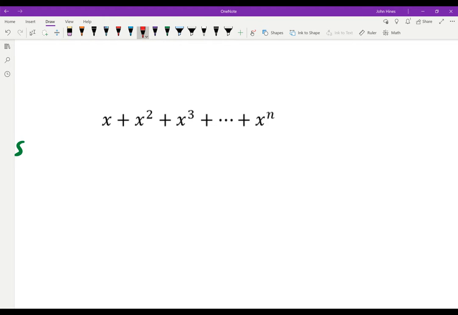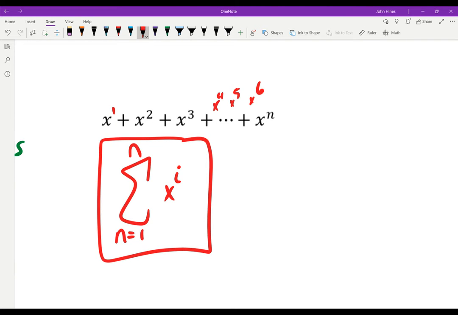Here we've got x squared, x to the 3rd, x to the 4th, x to the 5th, x to the 6th. So it looks like we're indexing that exponent there, right? We're starting with n to the 1, n to the 2, n to the 3, n to the 4, n to the 5, n to the 6, all the way up until n. Sorry, I made a mistake there, my fault.